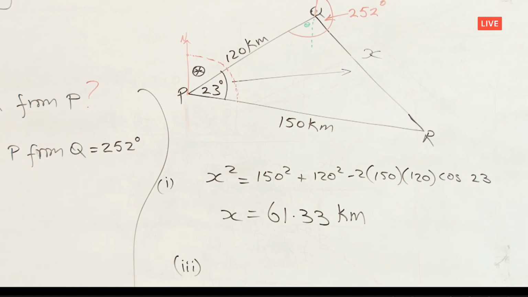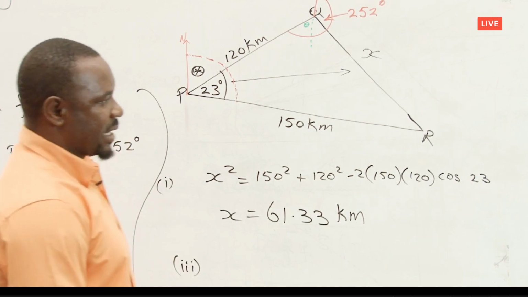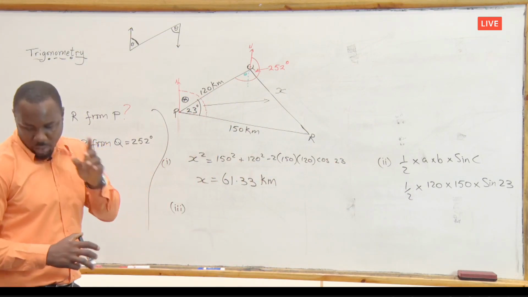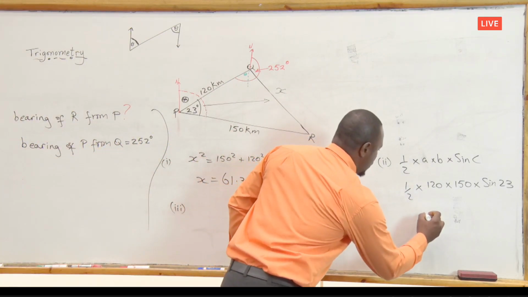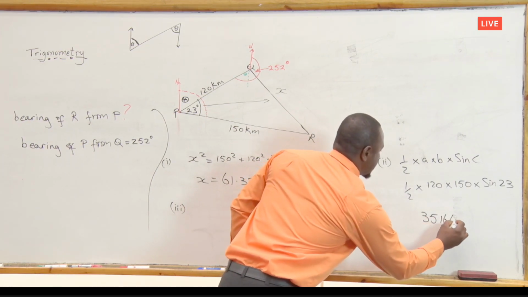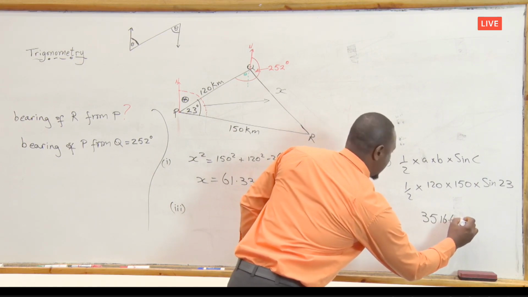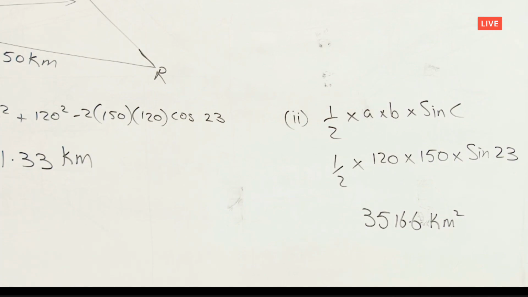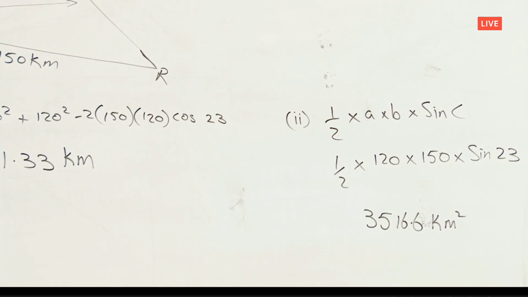For the second part, the area of the triangle to one decimal place is 3516.6 kilometers squared.